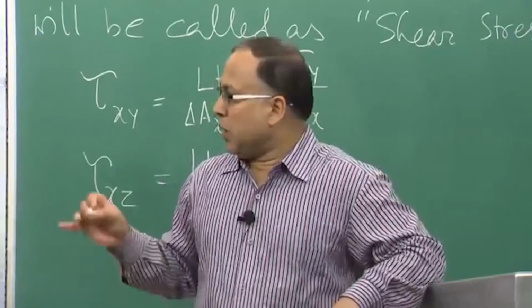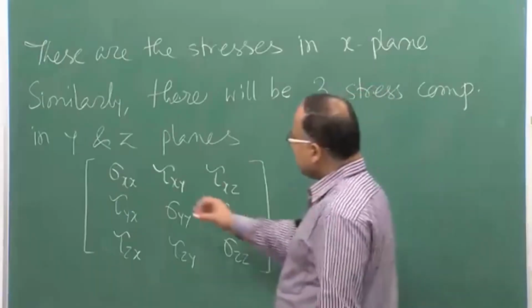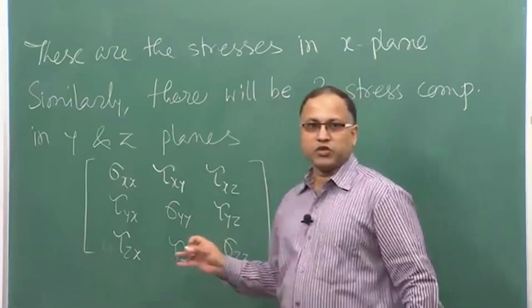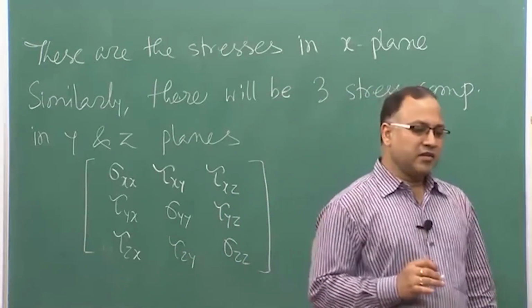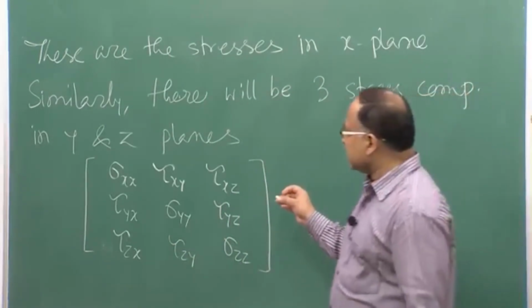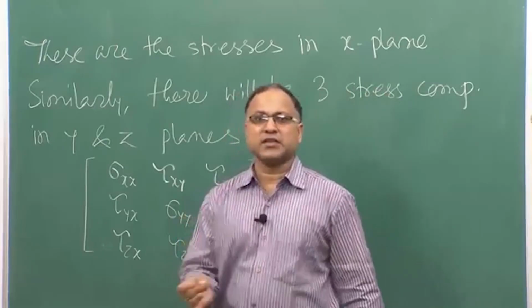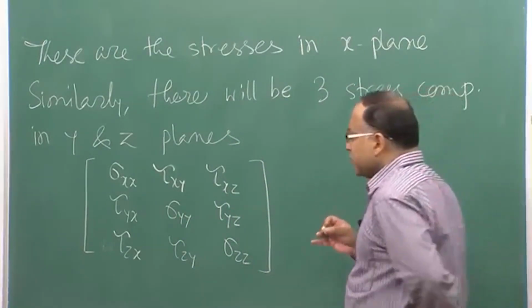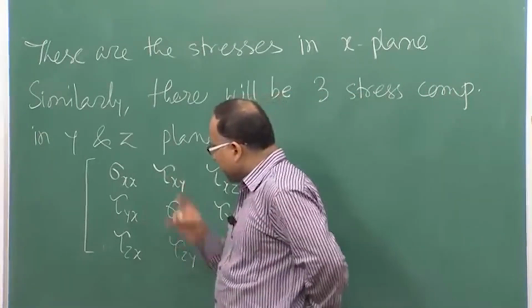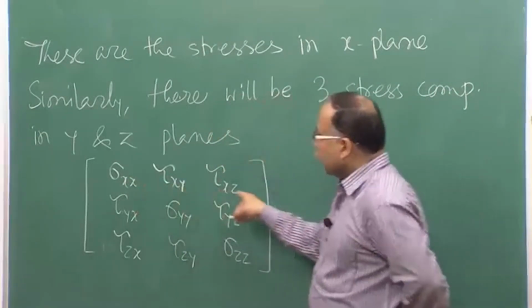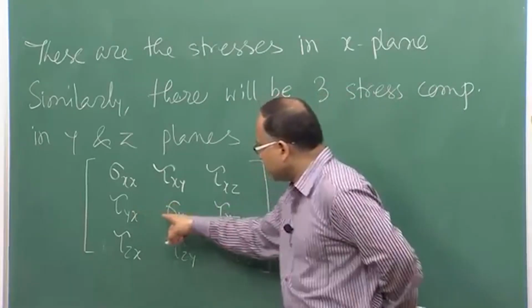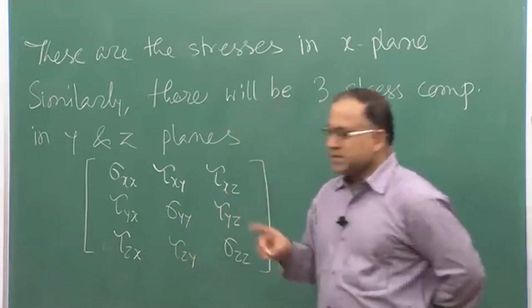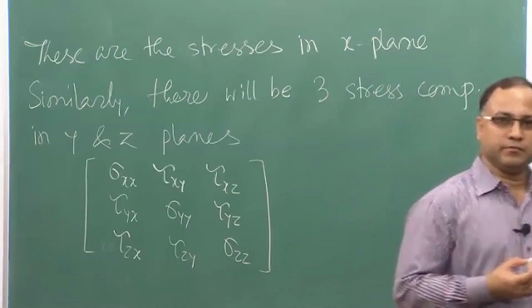Okay. So, out of these 9 components, 3 are normal stresses, which is quite obvious, and the other 6 components are the shear stress components. Now, there is some speciality of this matrix. If you look along the row, basically it is defining the plane.